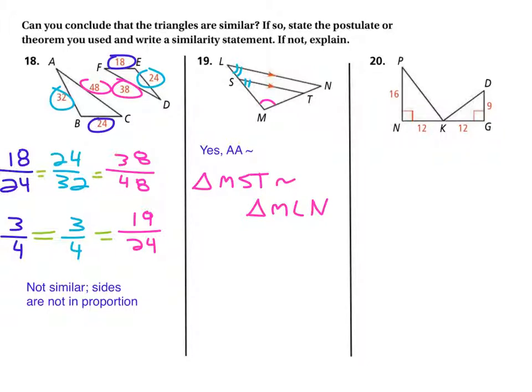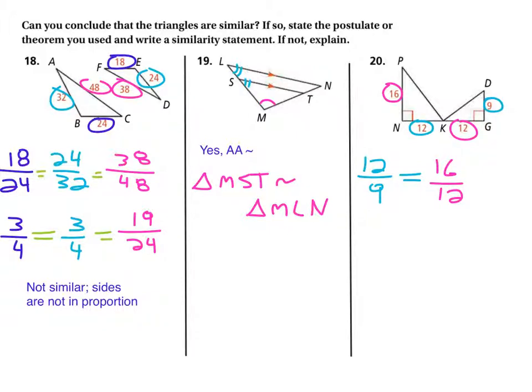Okay, and now here it's tricky, you want to match up which side matches with which side, and if it worked, it would be side-angle-side. How do we know whether it's side-angle-side? We need to check the proportions. So we need to check the small side of each. 12 is the small side on that triangle, and 9 is the small side on that one. So we could say 12 over 9, big over small. And is that equal to the big side on that one over the big side on that one? 16 over 12.